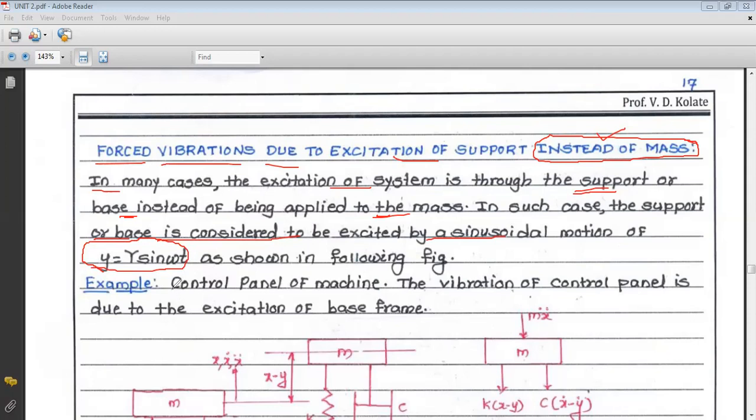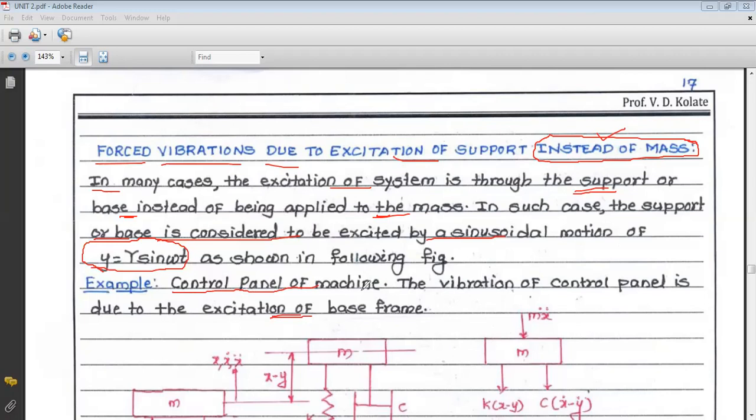First example, we can say the control panel of a machine. In this, the vibration in the control panel is because of the excitation of the base frame. If the base frame is excited by some external force, there will be vibration of the control panel of the machine.